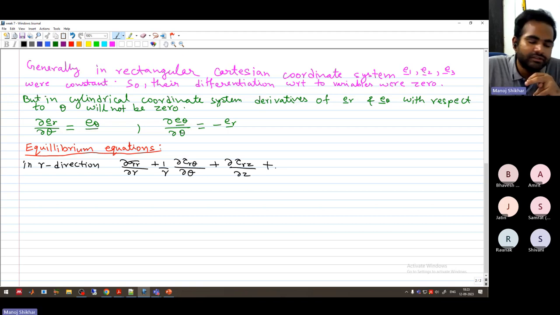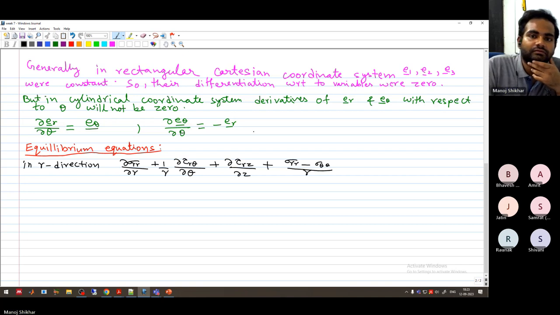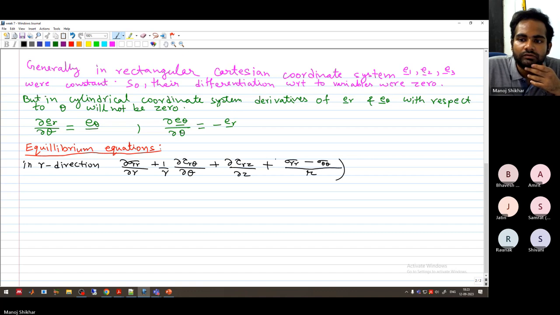There is one extra term in the R direction, which is sigma RR minus sigma theta theta by R. This is the extra term you can see.